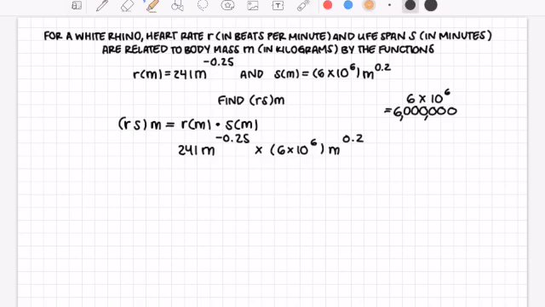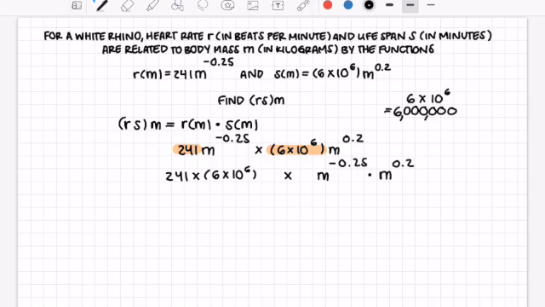From here I can separate my 241 and my 6 times 10 to the power of 6 together, so I can multiply those first. On the other side, I can multiply my M to the power of negative 0.25 with my M to the power of 0.2.